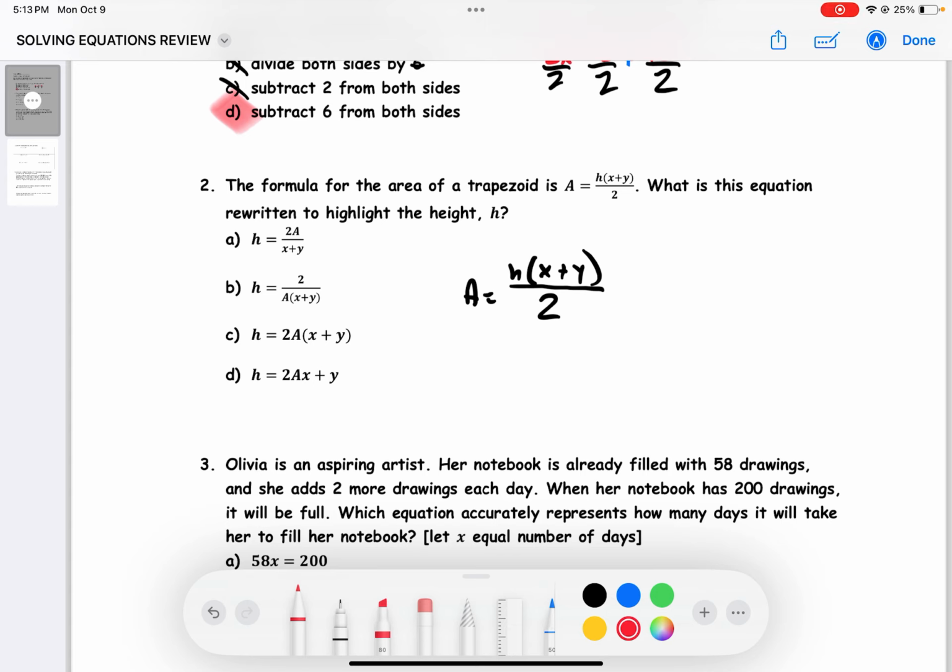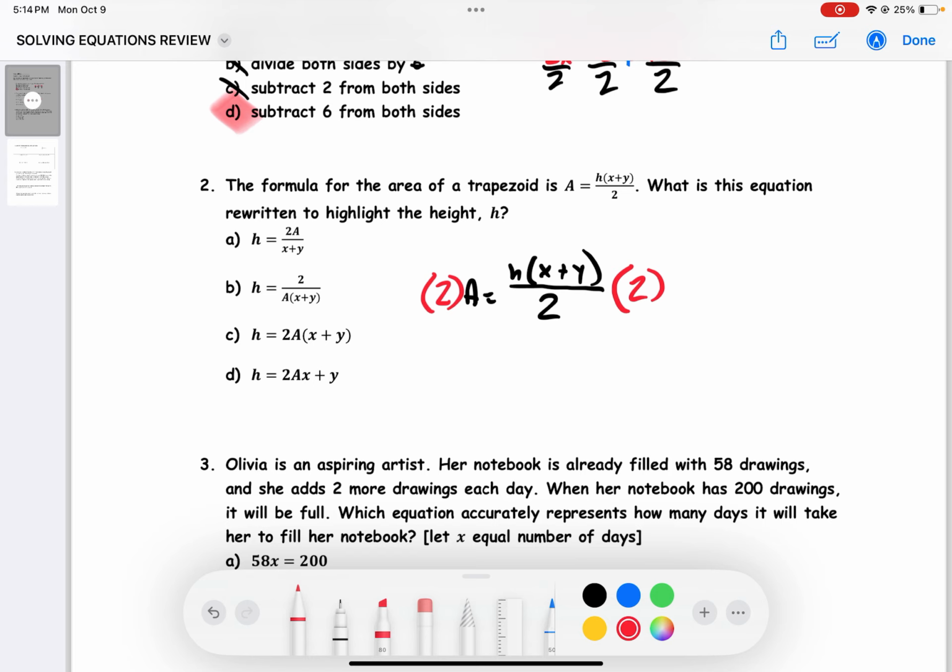Our first step here is recognizing that my h variable is never going to be by itself if it's stuck in a fraction. Fractions are very gross. So our first plan of attack is usually going to be to get the fraction out of there. And we're going to take care of that by multiplying by the denominator, right? Because this term here is being divided by 2. And the opposite of dividing by 2 is multiplying by 2.